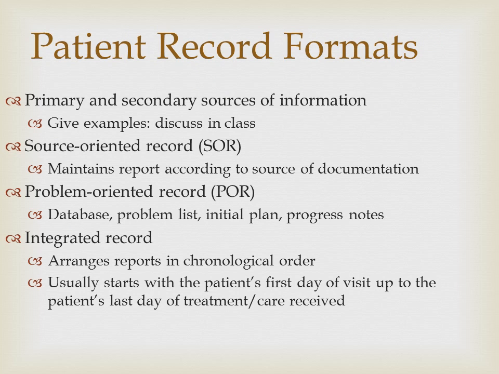Now let's talk about some different patient record formats. And I have a list of them here in the slide. So primary and secondary sources of information. Primary sources of patient information, some examples of those will be things such as x-rays, scans, EKGs, and other documents of clinical findings.